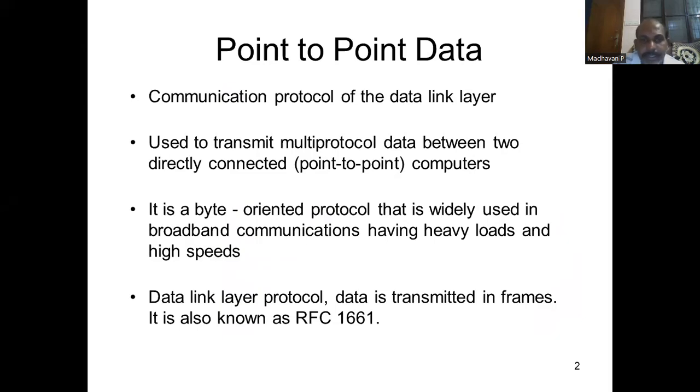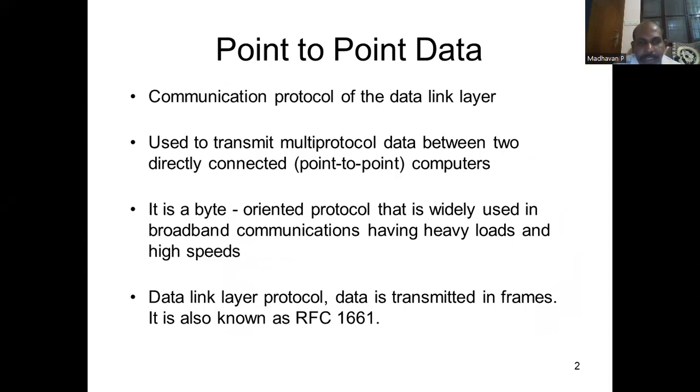As I said earlier, this is the communication protocol which is used in the data link layer. This protocol is used to transmit multi-protocol data between two directly connected point-to-point computers.